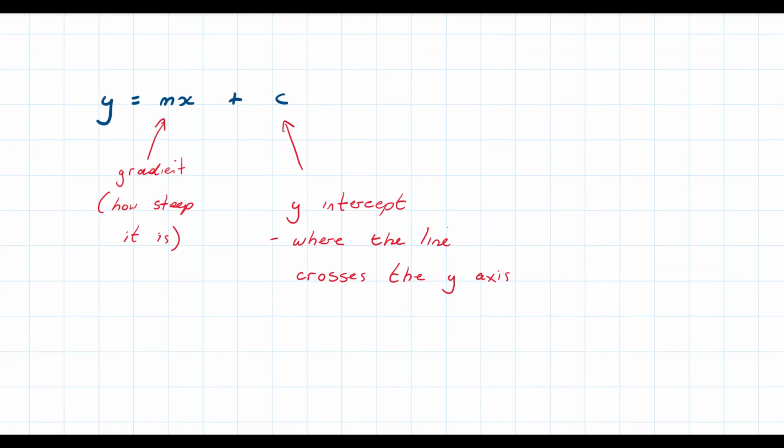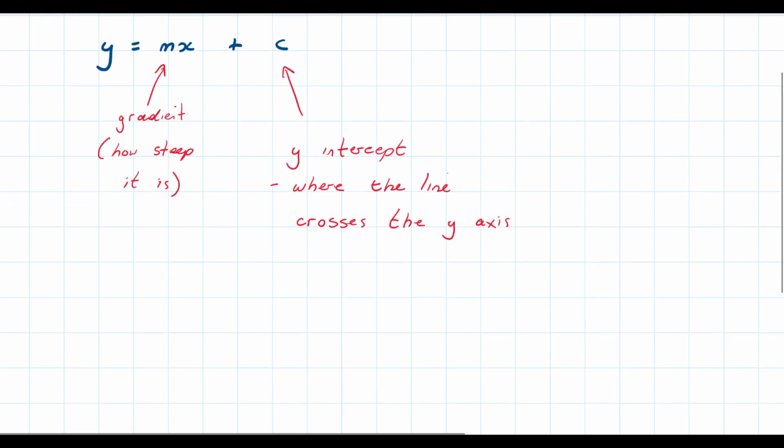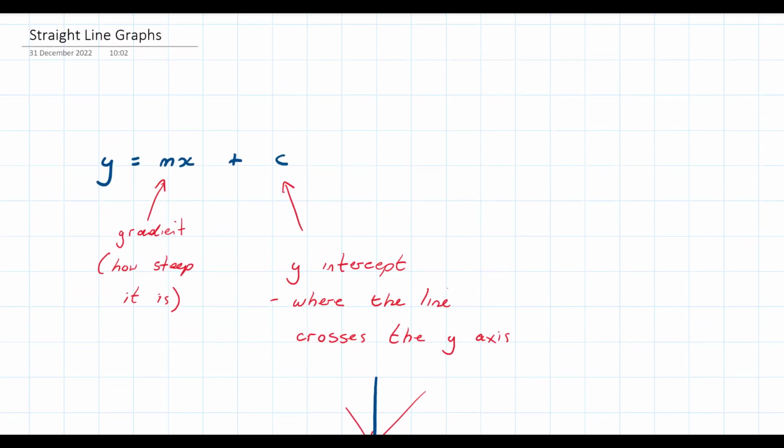So, for example, if your graph looked something like the following, and this was your line, that would be the y-intercept, just where the line crosses the y-axis. So what we have here as y equals mx plus c is the general equation of a straight line.